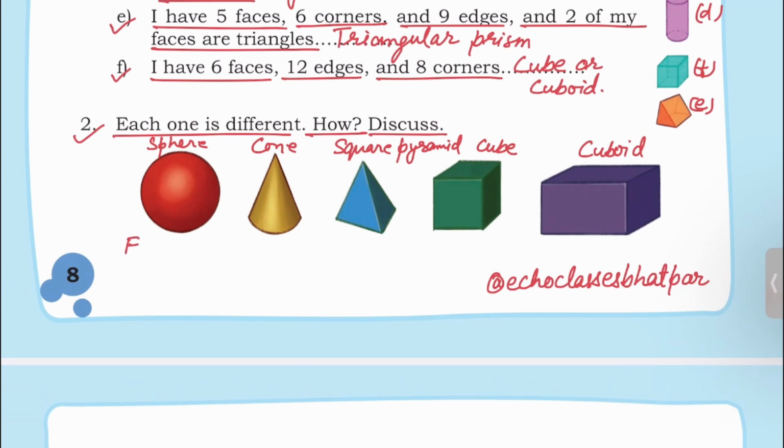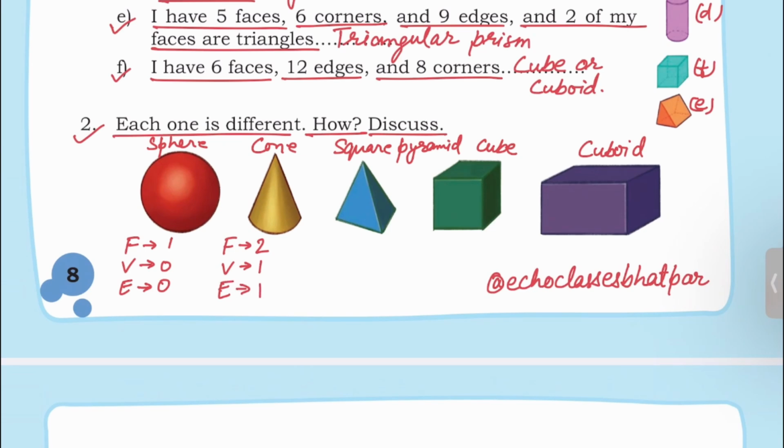Number of faces, vertices or corners and edges: for sphere, 1 face, 0 vertices or corners and 0 edges. For cone, 1 curved face and 1 flat face at the bottom, 1 vertex and 1 edge.